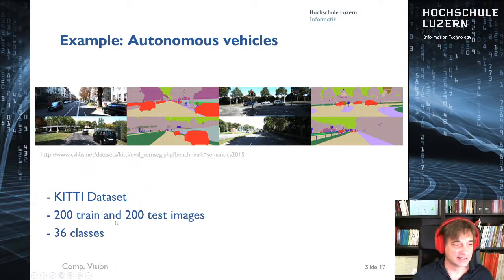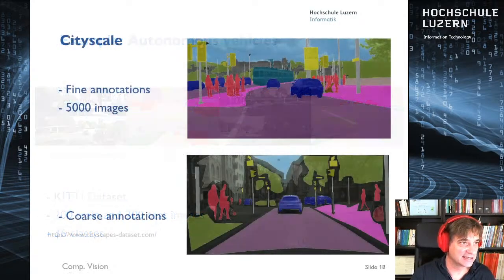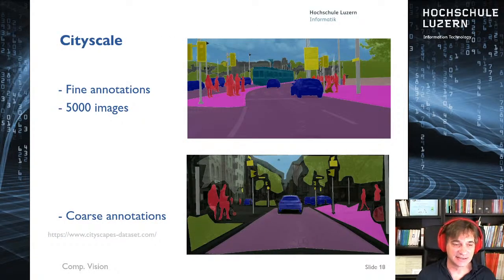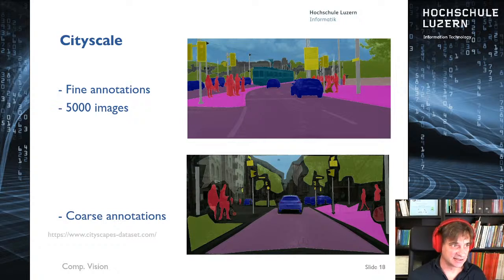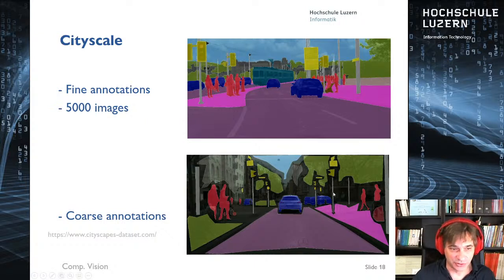This is a not such a large data set, with 200 train and test image sequences and about 36 classes. There is also a larger data set called Cityscapes with very fine annotations in 5,000 images, and more coarse annotations in a larger set of images.